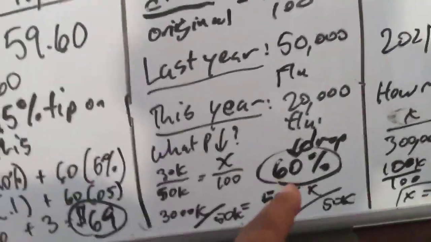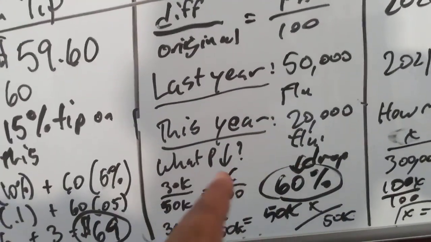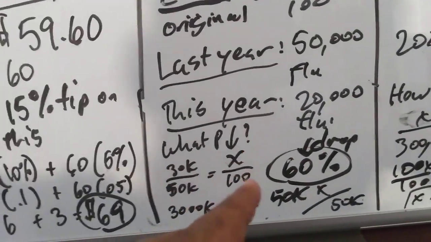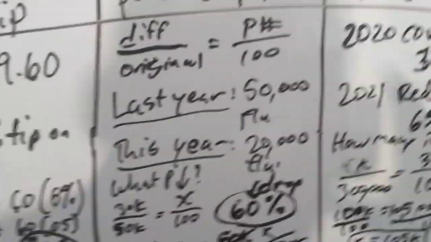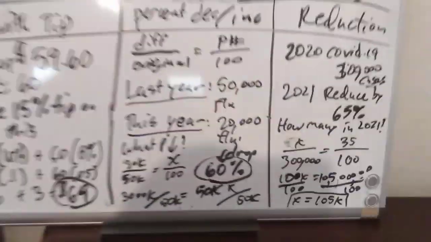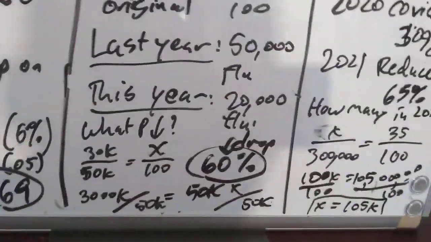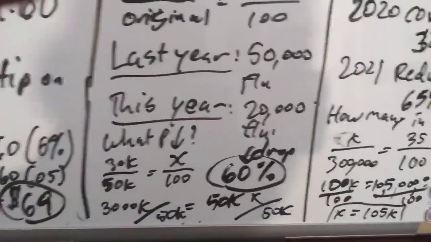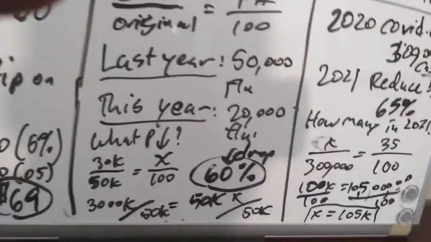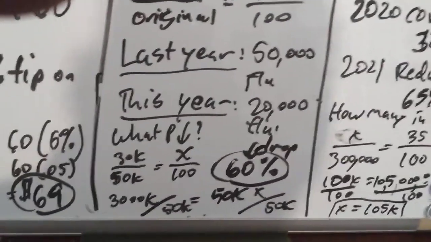If it's 60 over 100, that means x is 60, so it's 60%. That means it was a 60% drop. So 40% is left over, which is 20,000. The whole 50,000 is there, and 20,000 is the other 40%.